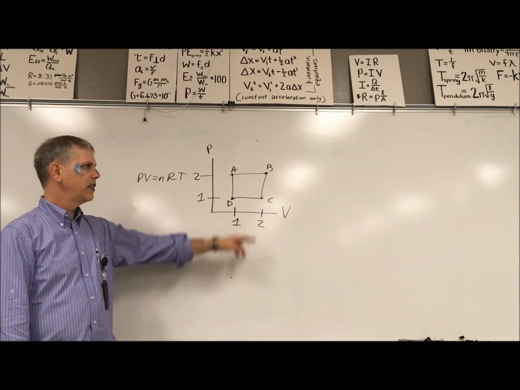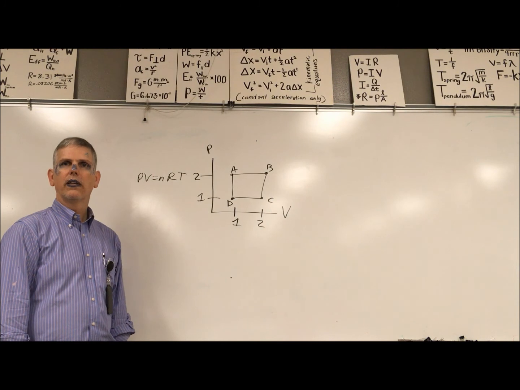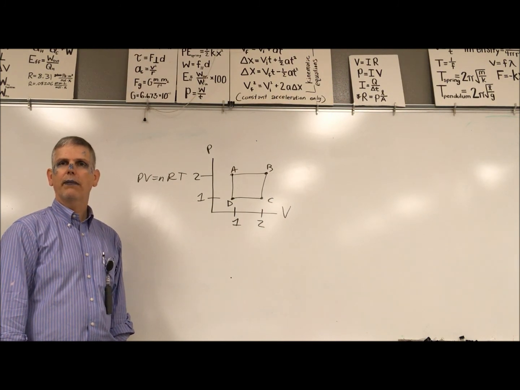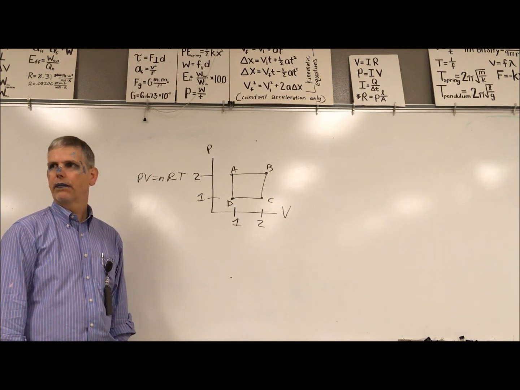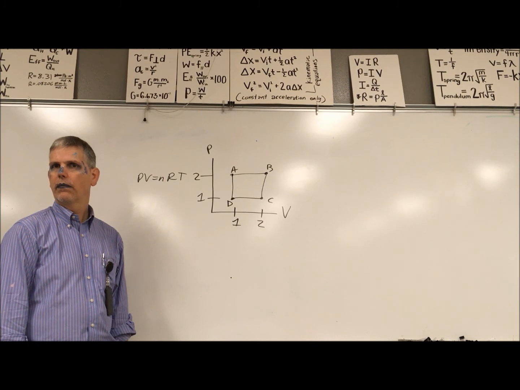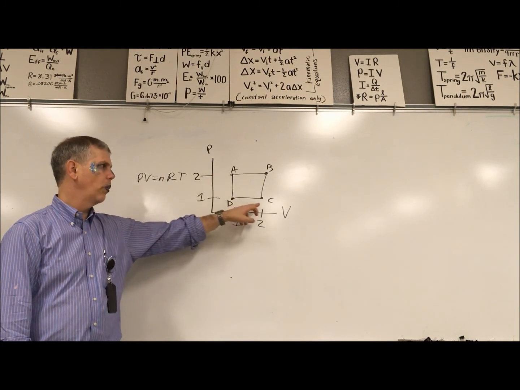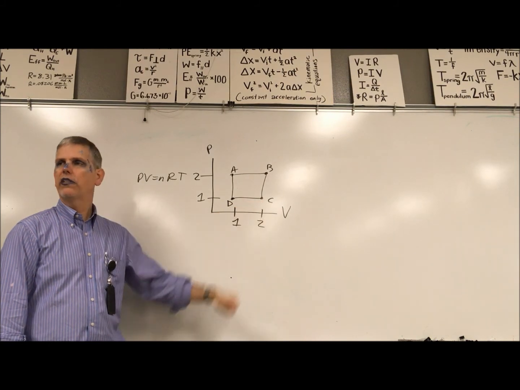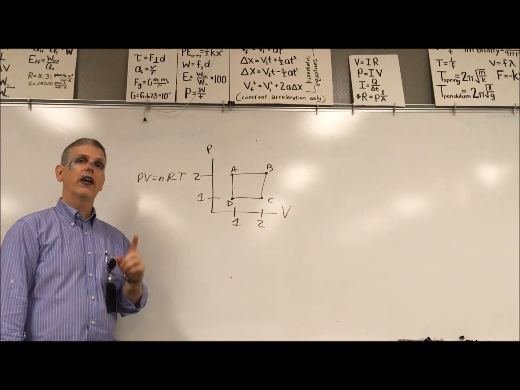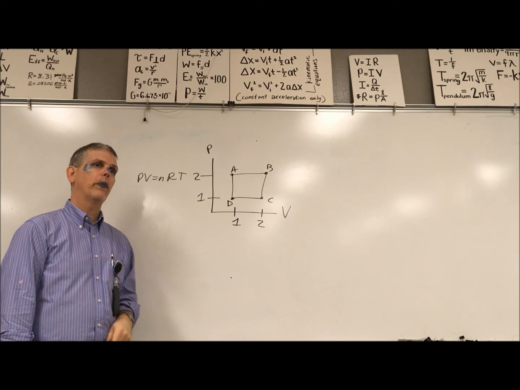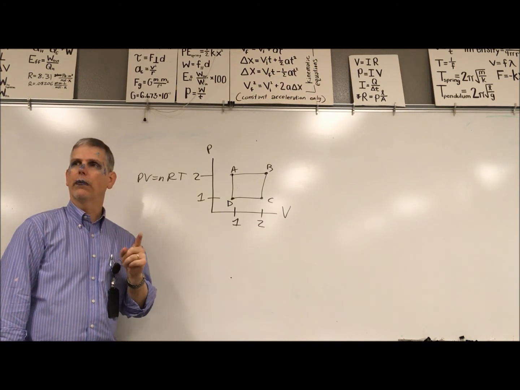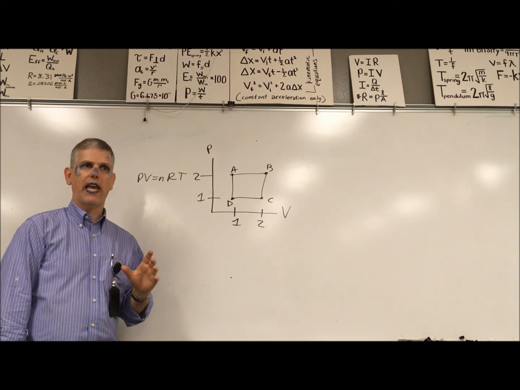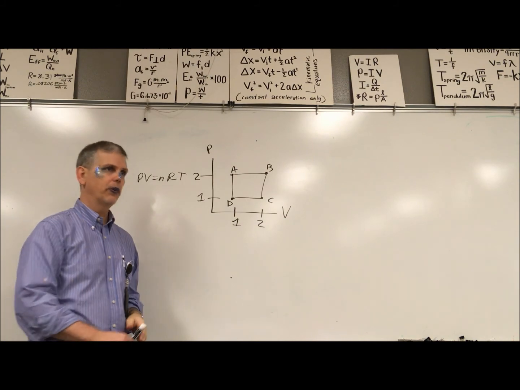And obviously, C would be at the same temperature as 1. Do we all agree with that? 2 times 1, 1 times 2. They have the same temperature. Therefore, they would be on what we call an isotherm. Iso meaning same, thermal meaning same temperature.